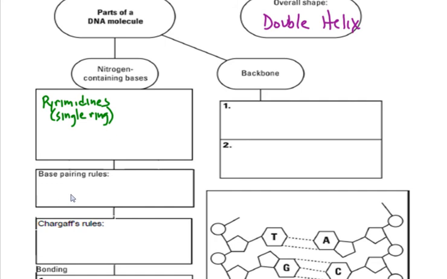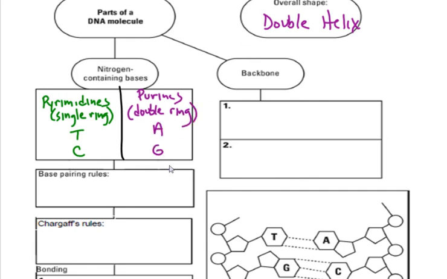They're going to be a little bit smaller. And this is going to be T and C. And then you also have what's called your purines. They have a double ring. And this is going to be A and G.